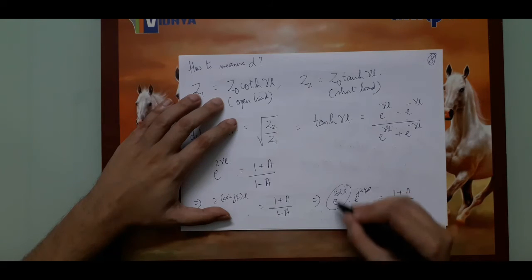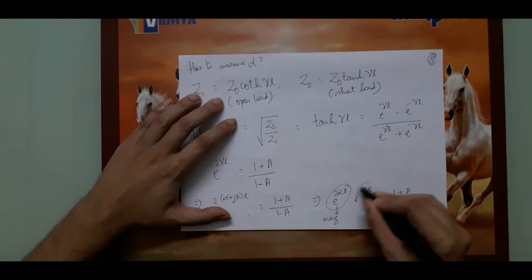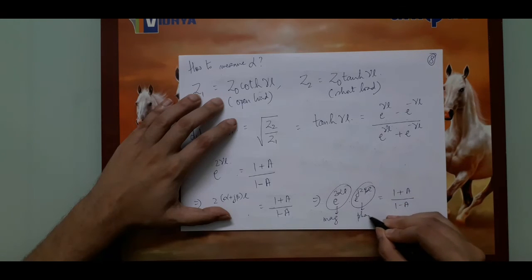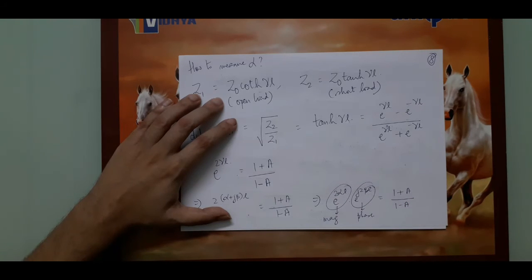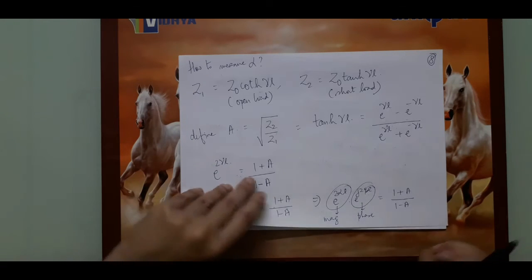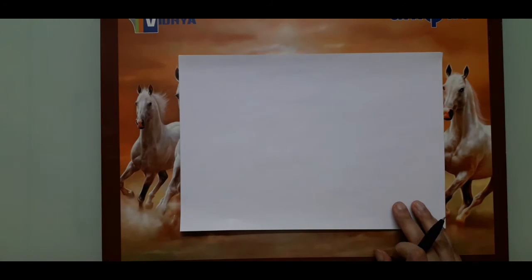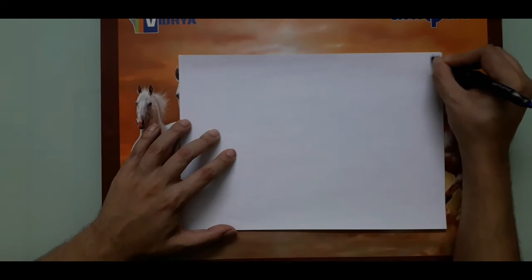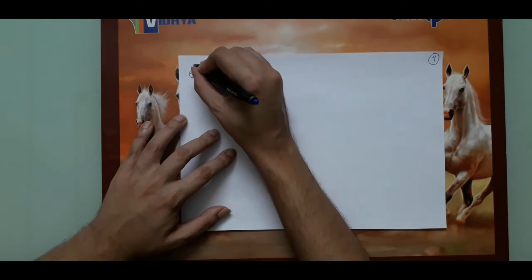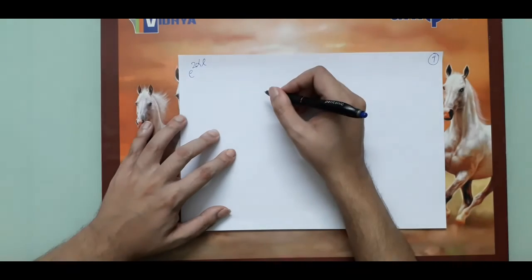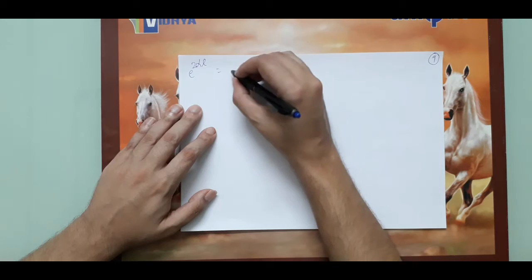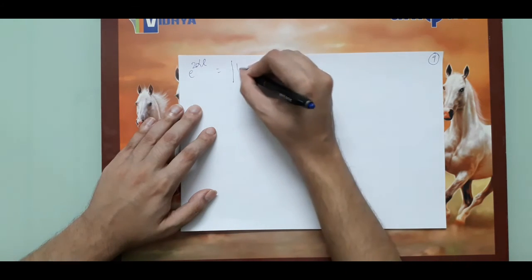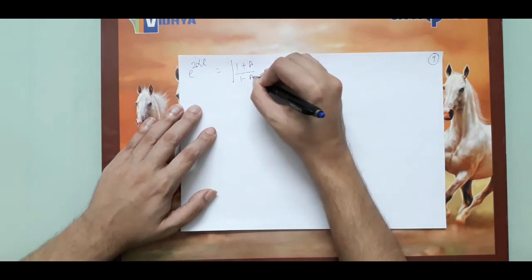So using this, if I simply take the magnitude of this right hand term, I will get e raised to 2 alpha L. So I can now say that e raised to 2 alpha L is nothing but the mod of (1 plus A) by (1 minus A).